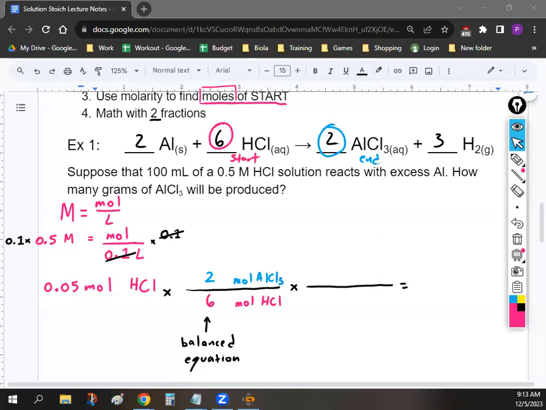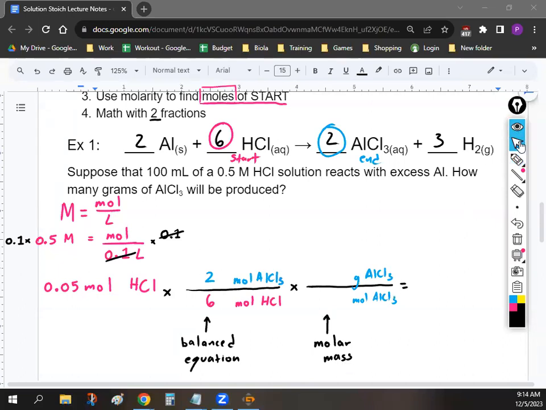All right, now for the last fraction, it's pretty much the same thing as before. You're going to get moles of AlCl3, and we are finally converting it into grams of AlCl3. The numbers for this fraction are going to be similar to regular stoich. The last fraction is the molar mass.